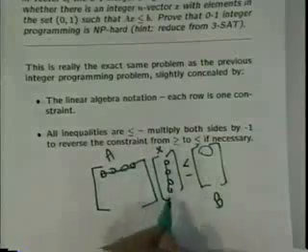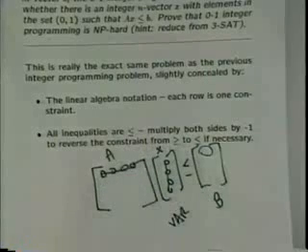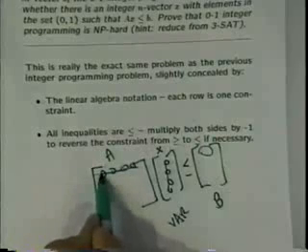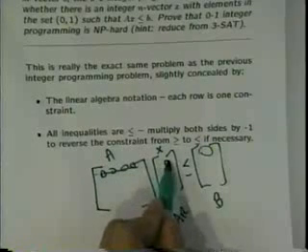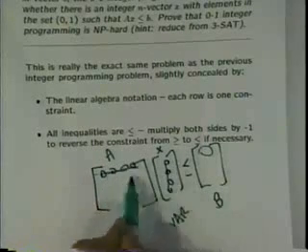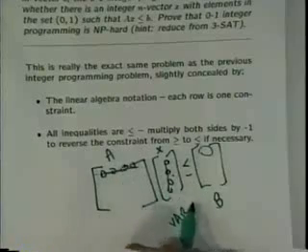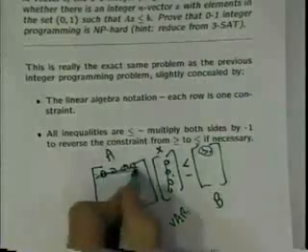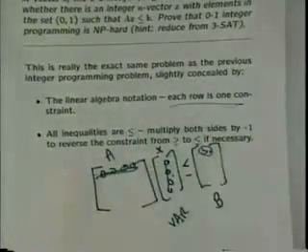These are the variables. These are the constraints. Really what this is saying is that A11 times V1 plus A12 times V2 plus A13 times V3 is less than B1.